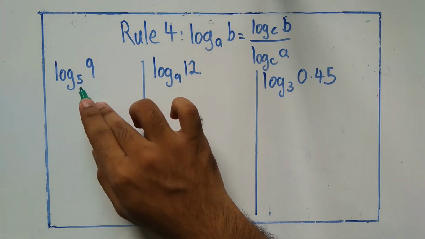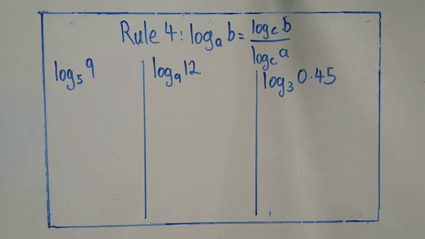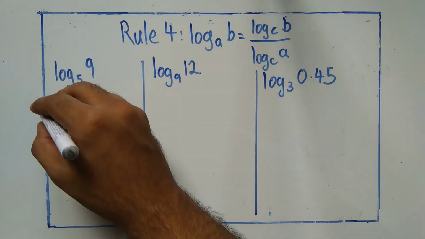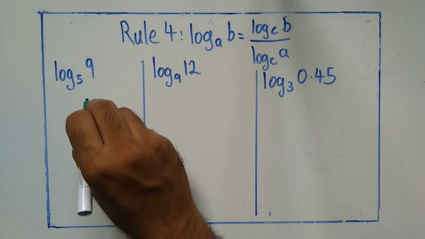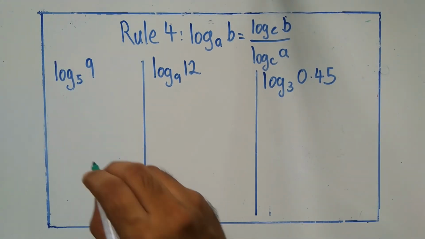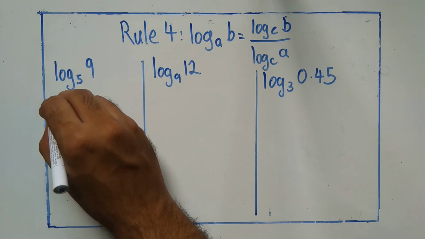Here we have log base 5 of 9. We need to convert to log base 10 or log base e. Let's start with 10. Here we will convert log base 5 of 9 to log base 10 using the change of base rule.